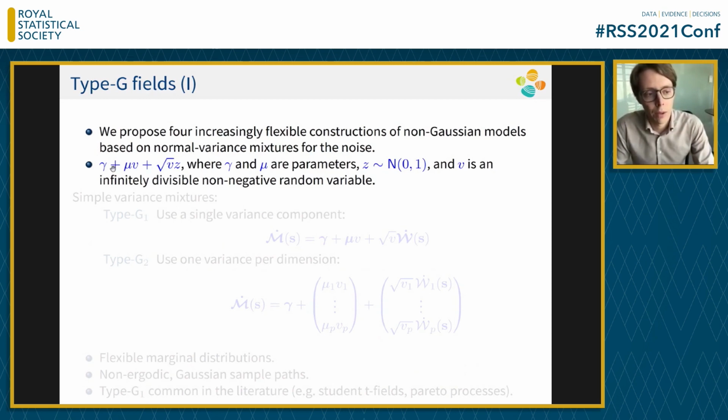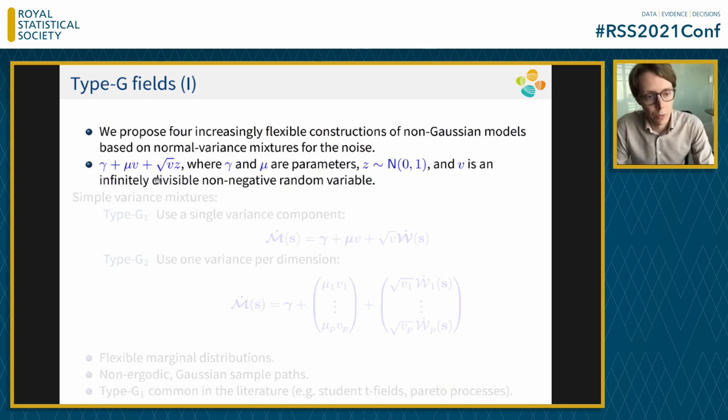Here, Z is just a standard Gaussian random variable, V is a non-negative, infinitely divisible random variable, and mu and gamma are just two parameters that will control the location and the skewness of the distribution.